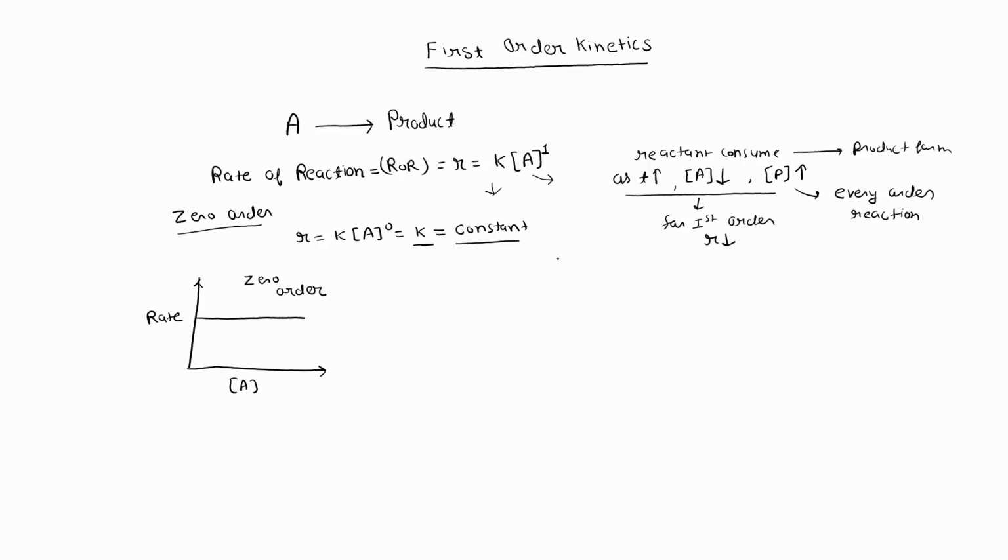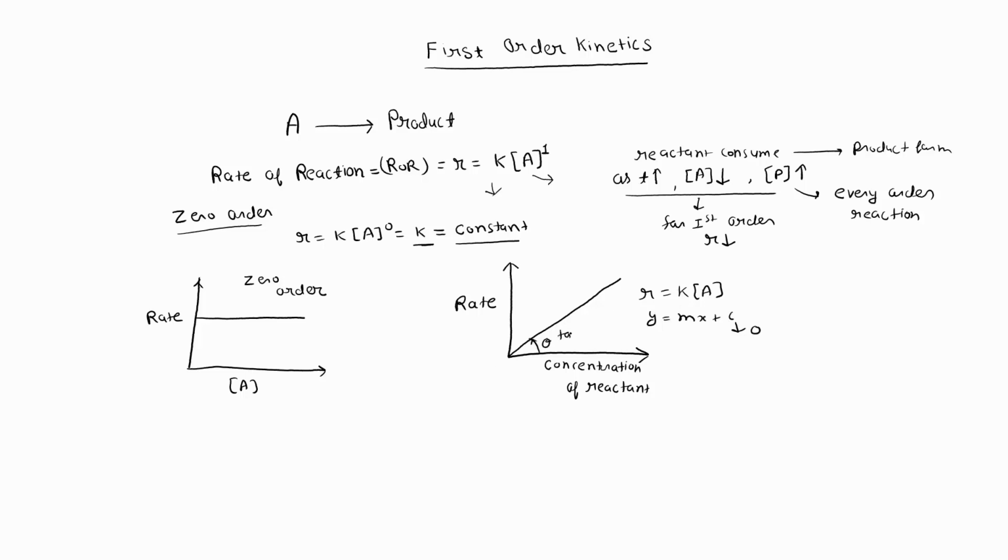In a first order reaction, if I make a curve of rate versus concentration of reactant, it will increase linearly because R is K into A. Comparing with y is equal to mx plus C, where C is 0, so y is equal to mx, it is a straight line with slope K, that is, tan theta is equal to K. So for a first order reaction, the curve of rate will look like this.